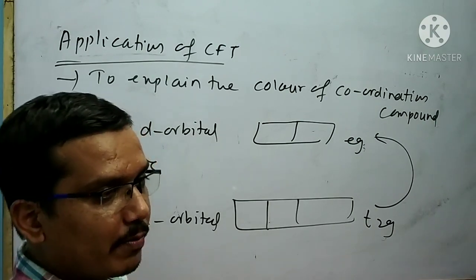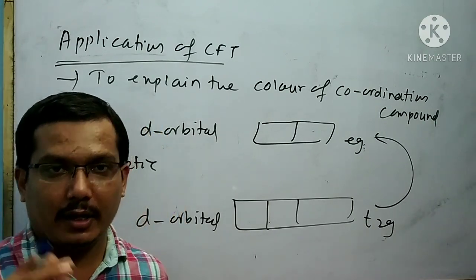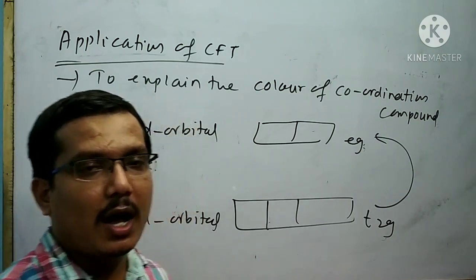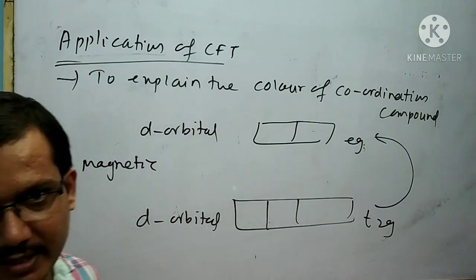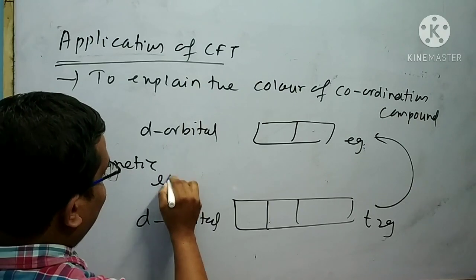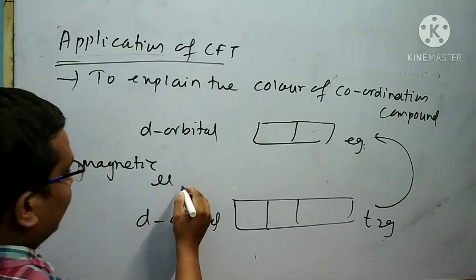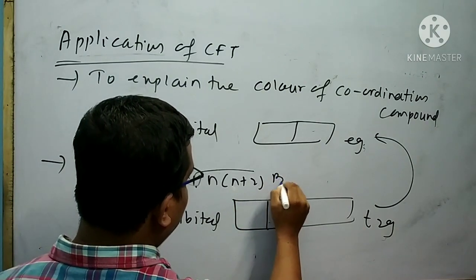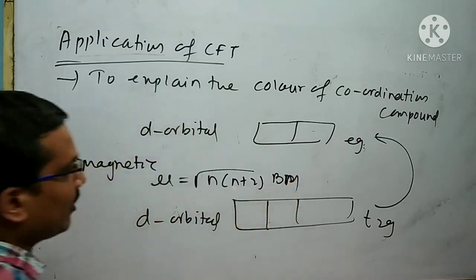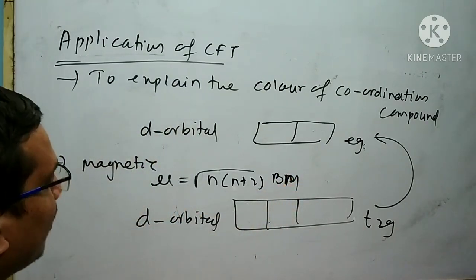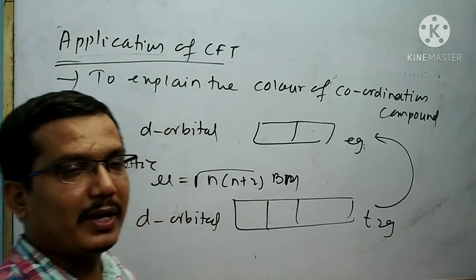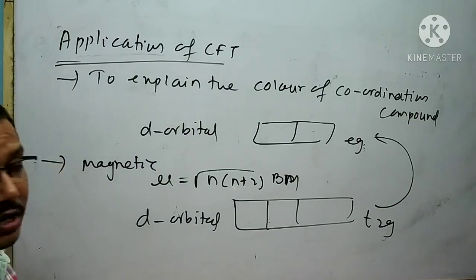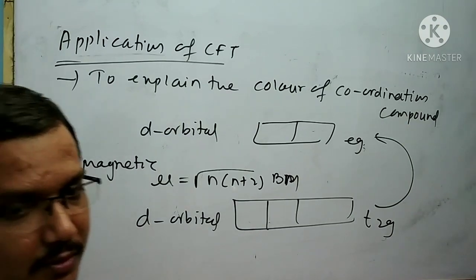If the coordination compound does not have any unpaired electron, then it is considered diamagnetic in nature. Magnetic moment mu equals root over n(n+2) BM. By this formula, we can calculate the magnetic moment of a coordination compound. These are the applications of crystal field theory.